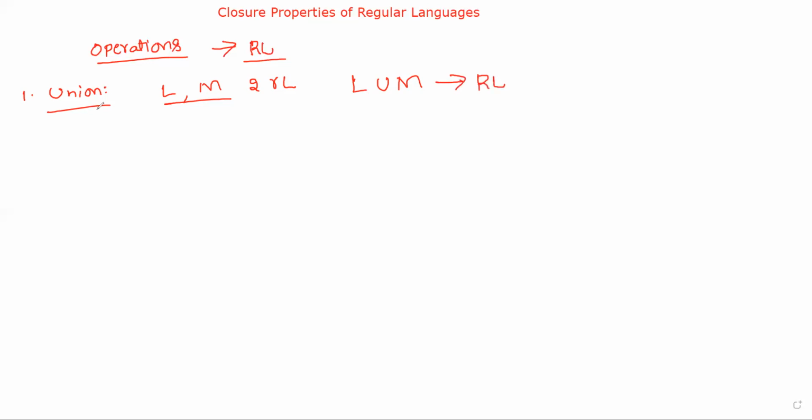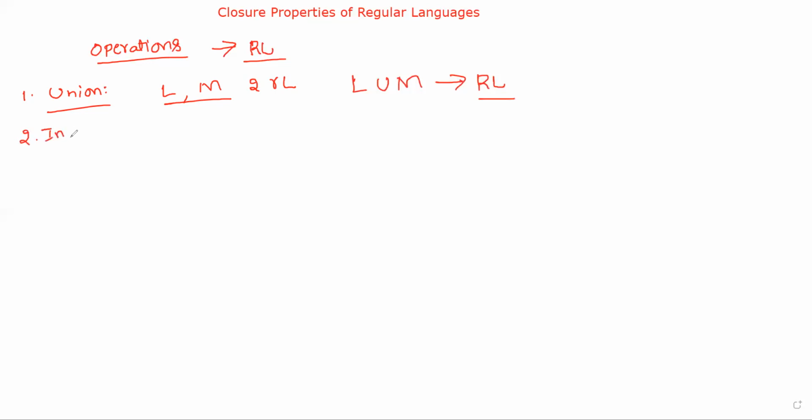This is the property. Regular languages are closed under union: L contains some set of strings, M contains some set of strings, and if you combine both sets of strings, that is also a regular language.